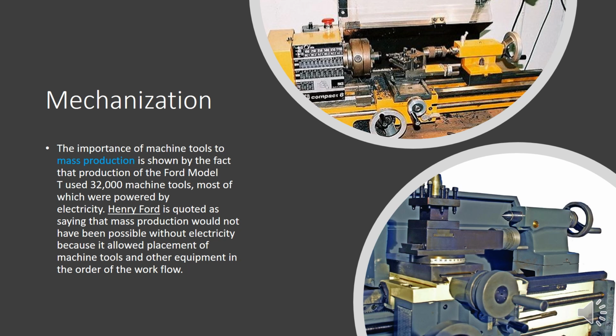The next is the mechanization, so the development of machines. So everything became mechanized now. There were no more hand tools, no? When you create something alone, it takes a very long time to finish.